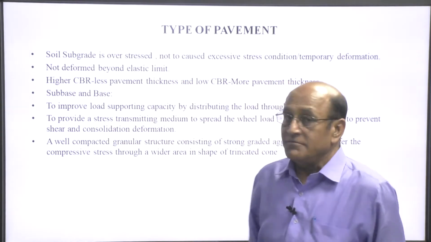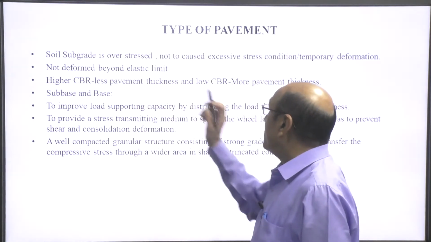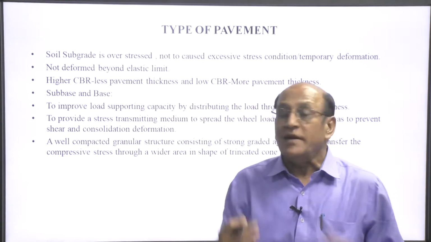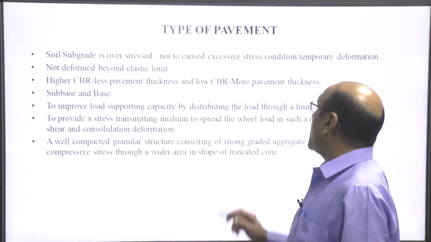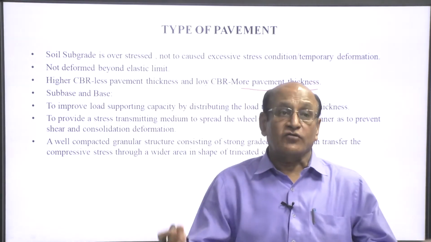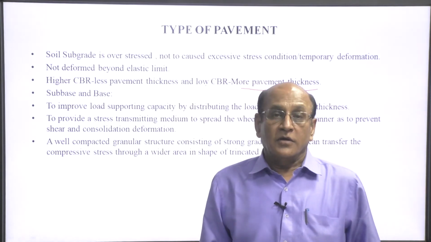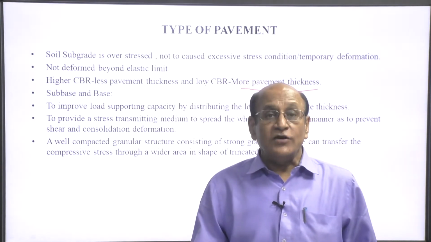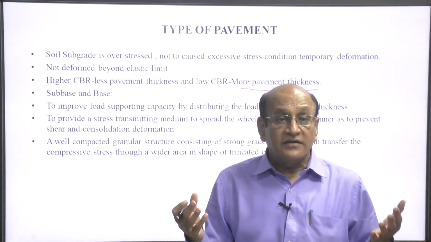Higher CBR means less pavement thickness, so the construction cost will be lesser. Low CBR means more pavement thickness and the construction cost will be more. So, it is necessary to modify the subgrade soil.